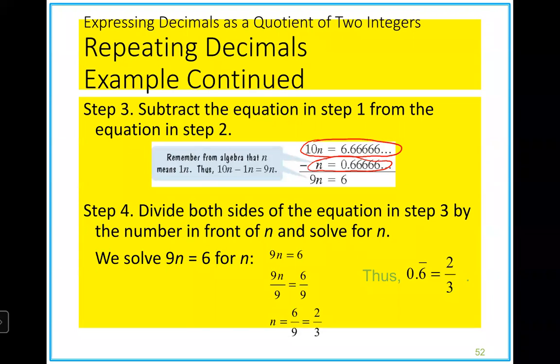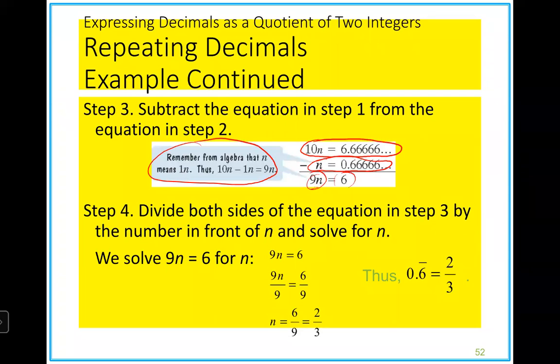If you subtract, 10n minus n gives you 9n, and 6.66 and so on, minus 0.66 and so on, gives you 6. So 9n is equal to 6. They have a little note on the side reminding you that the letter by itself is like 1n. So if you have 10n minus 1n, you get 9n as your result.